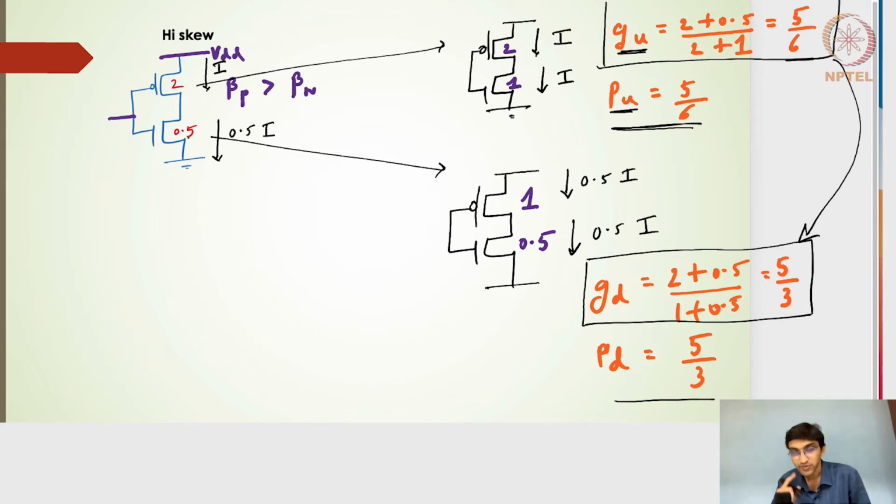A lower skew inverter means the NMOS is dominant, which means the circuit pulls down the output efficiently. In that sense, the logical effort for going down, GD, and the normalized parasitic delay, PD, for going down will be less if it is a low skew inverter. Hope this is clear. Moving ahead.